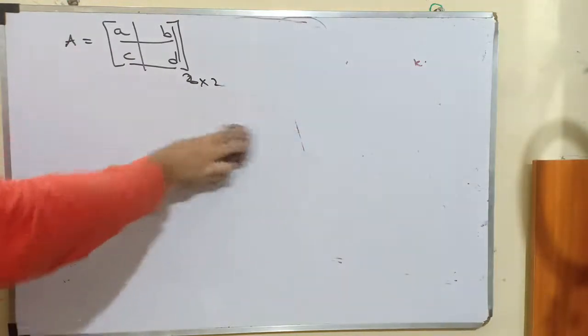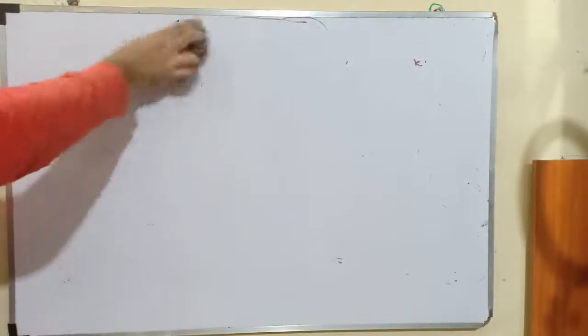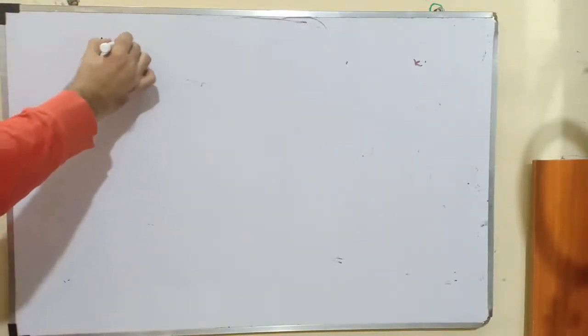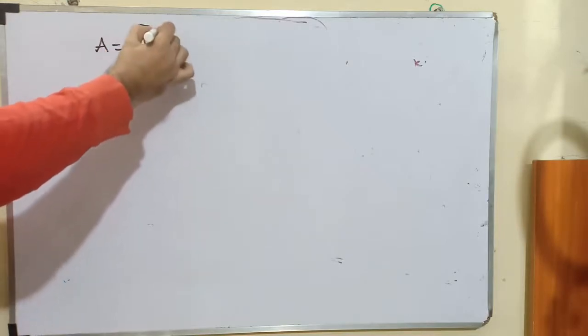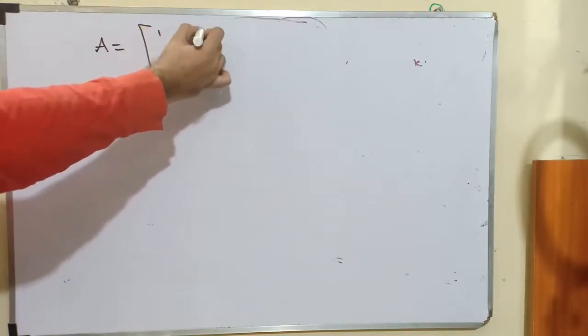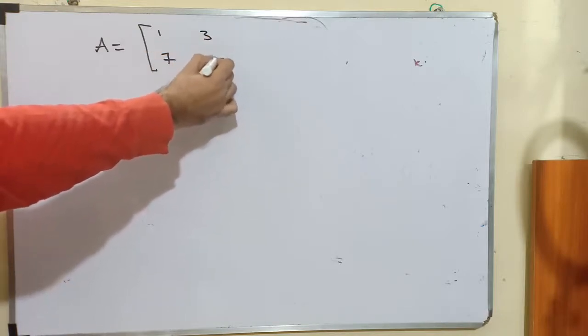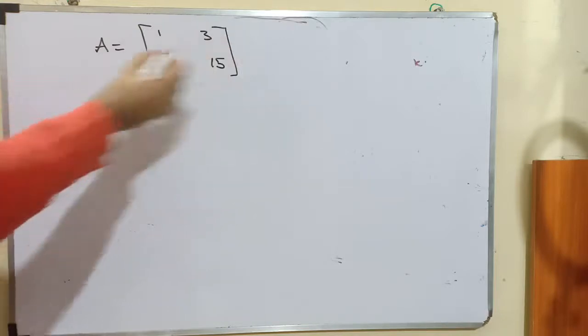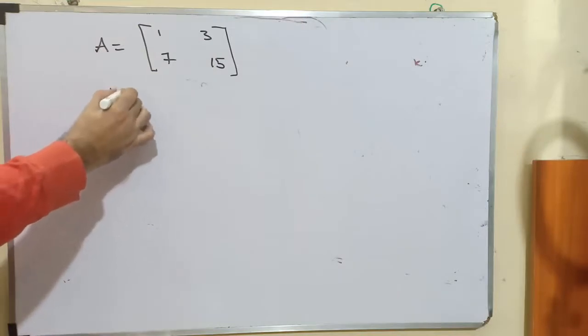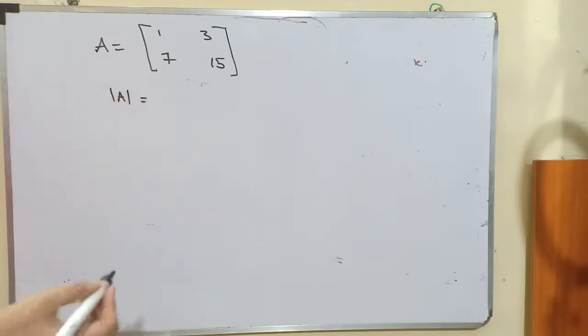Let us take an example. A is equal to 1, 3, 7 and 15, let us say. I want to calculate det A. So how to calculate det A?